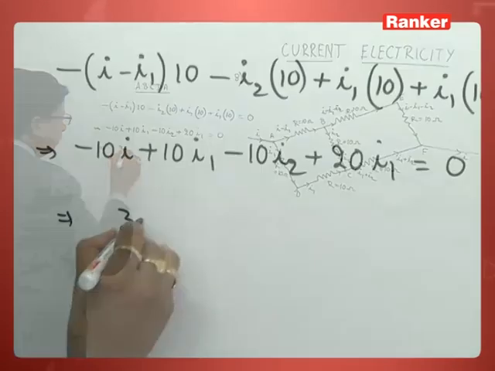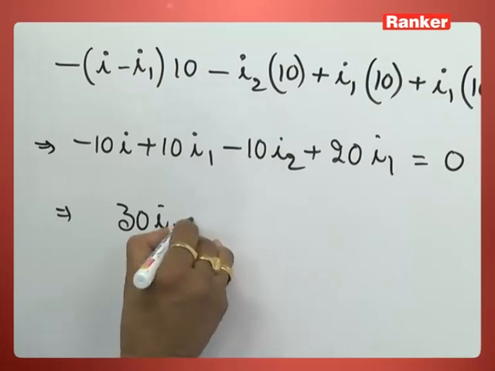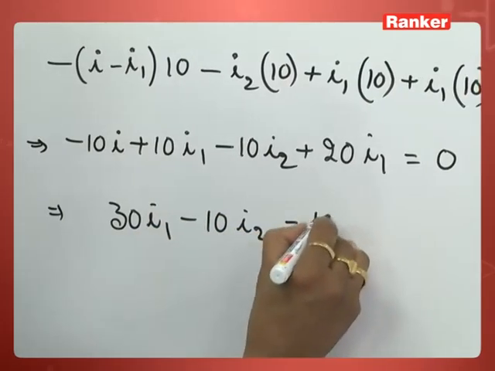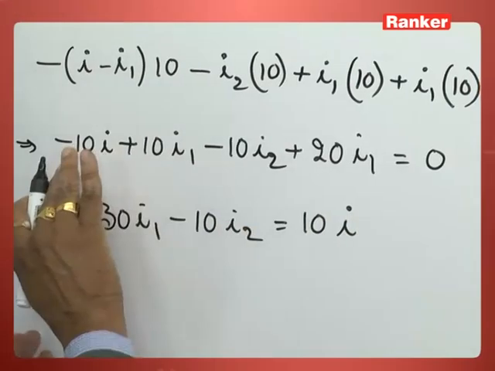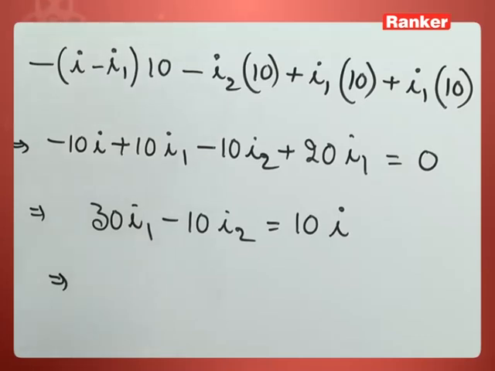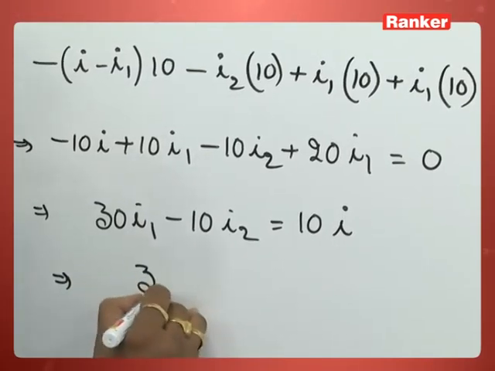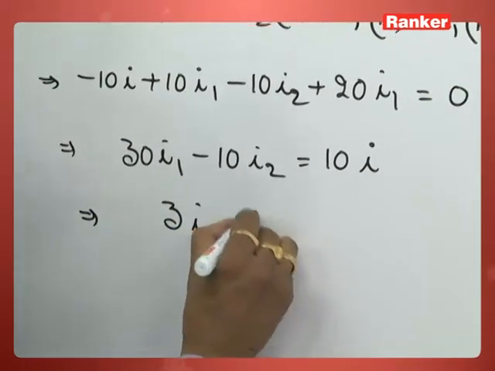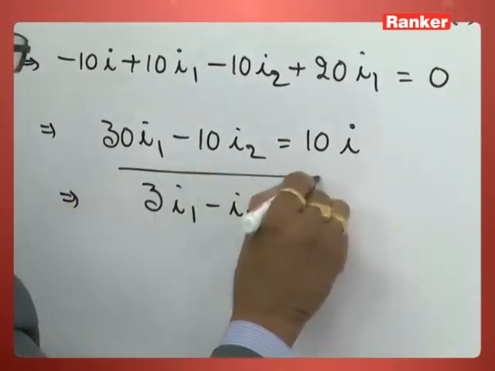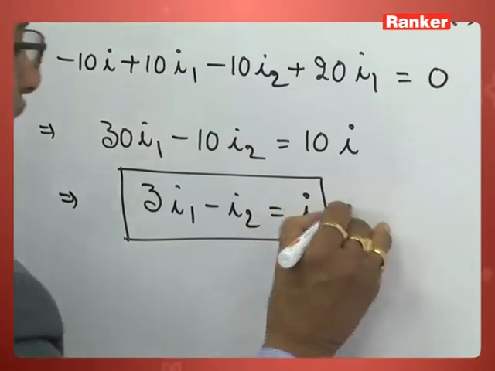So we can write 30I1 minus 10I2 is equal to 10I. This 10I, if I bring it this side, this simplifies to 3I1 minus I2 is equal to I. This is my first equation.